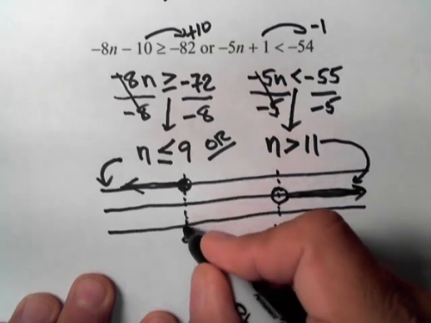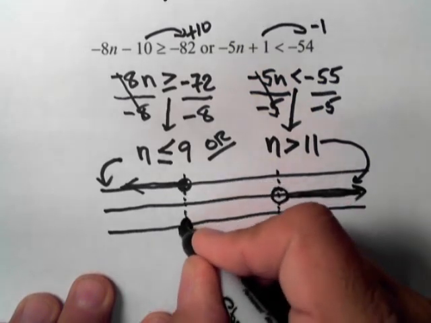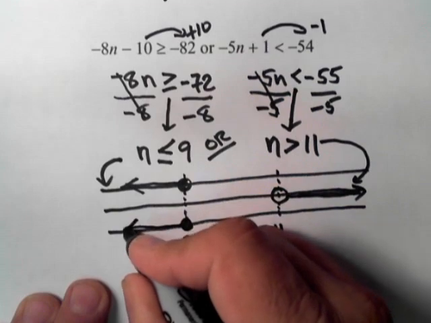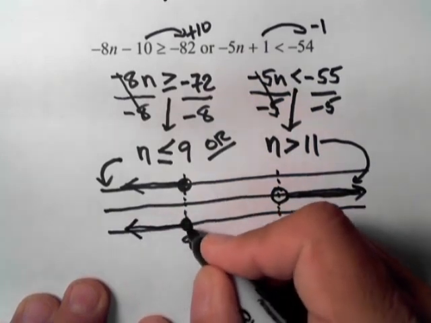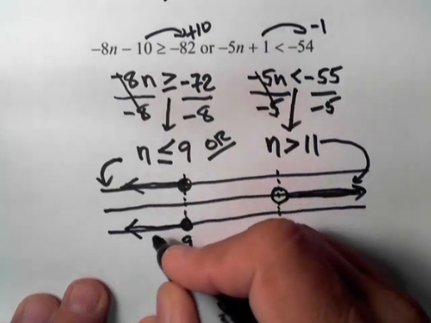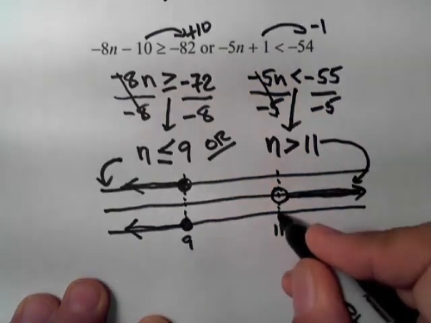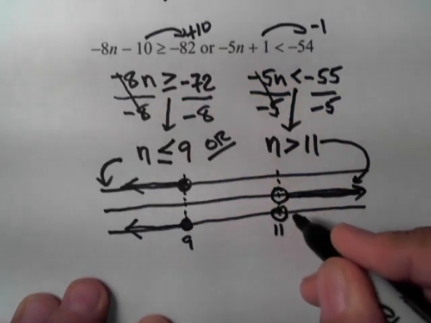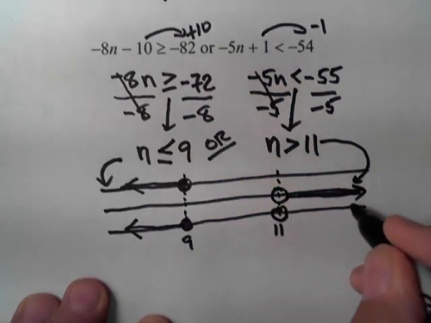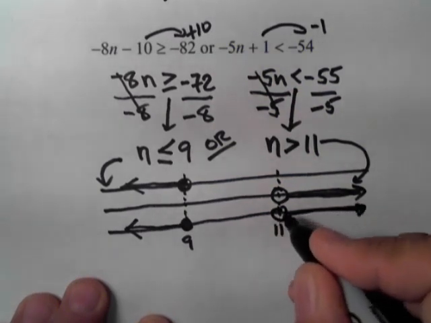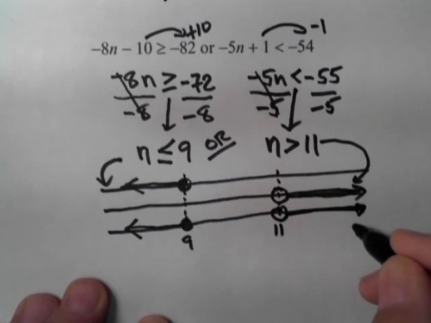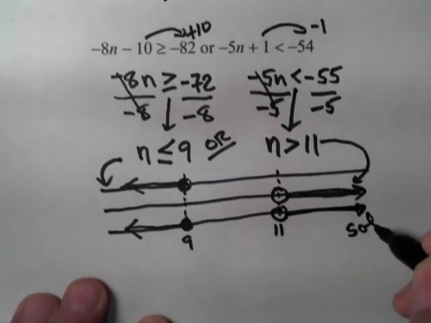So we combine these. So the solution then is the n's going from 9 and lower, or you can have the n's going from anything that's greater than 11 and higher. But of course, remember, 11's not allowed. So there's our solution.